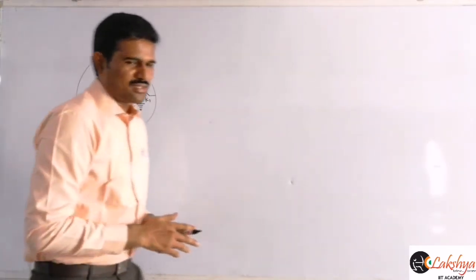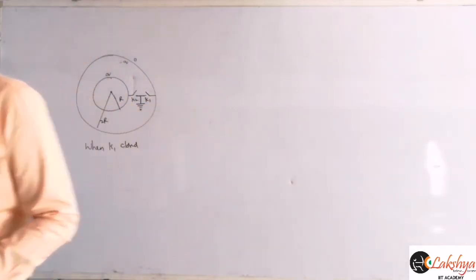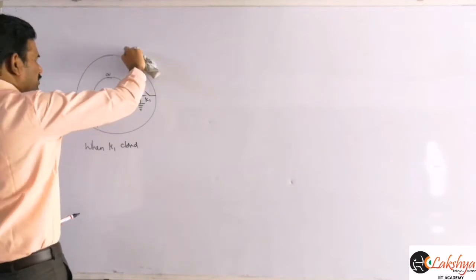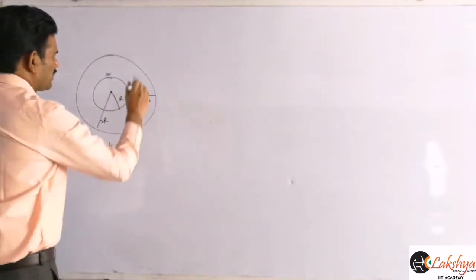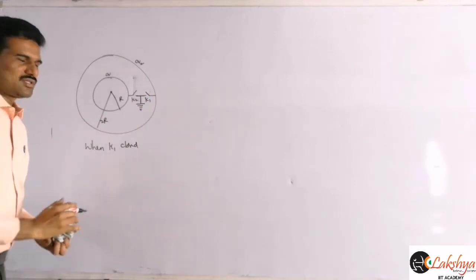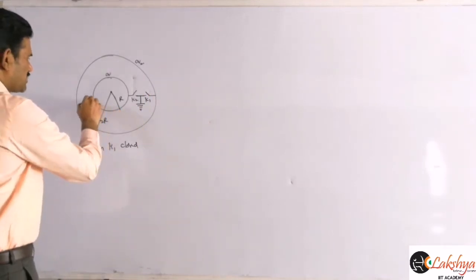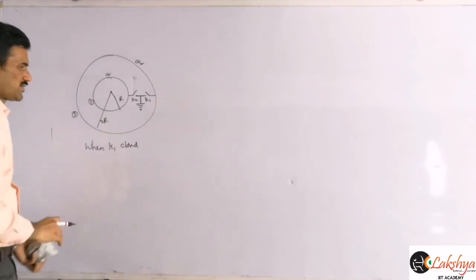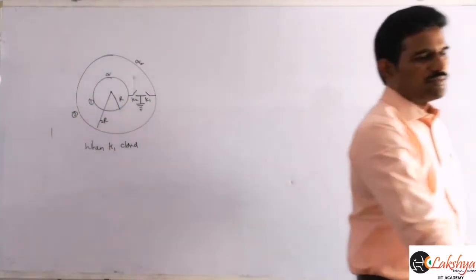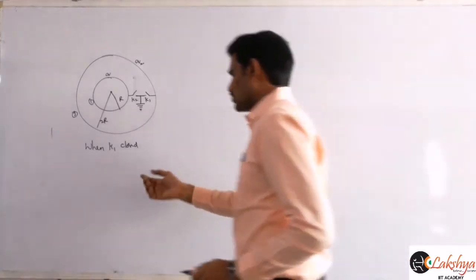We already discussed that, that's why I am writing it directly. Or I may consider it separately. Suppose I am taking this as the first shell and this as the second shell, and Q2 is the charge present on it after closing this.